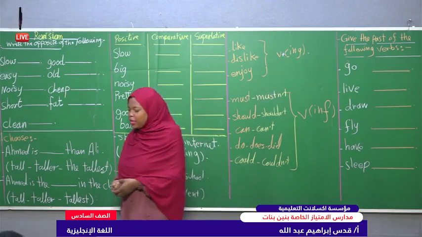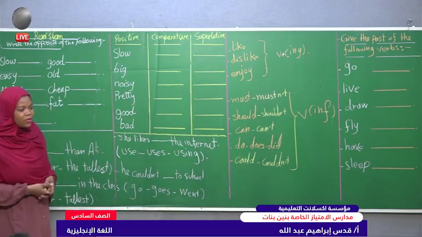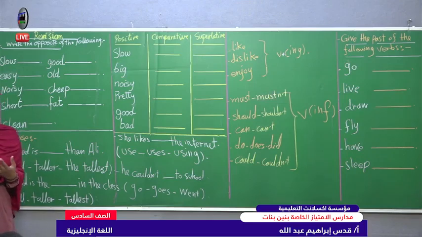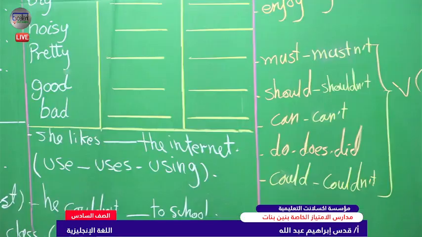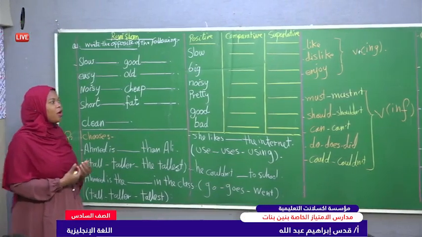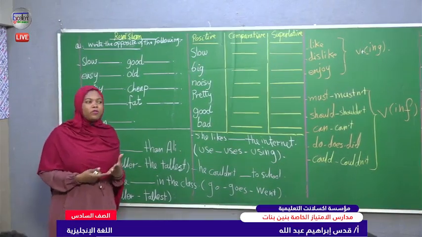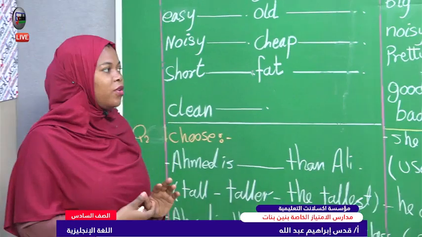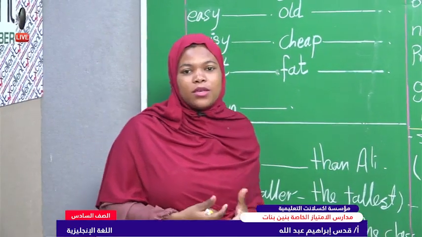So we will begin here with the adjectives, and we will learn everything about the adjectives: how to bring the positive, how to bring the opposite of the adjectives, how to compare using the adjective, how to make a superlative using the adjectives, and we will also learn how to bring the past of many verbs, which is a very common question in the exams.